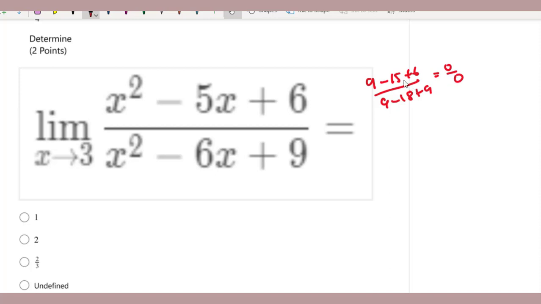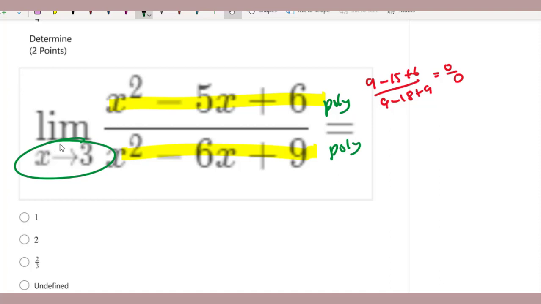Direct substitute and get an indeterminate form. And check, this is polynomial over polynomial and x approaches a value. When it is polynomial over polynomial and x approaches a value, you have to factorize.